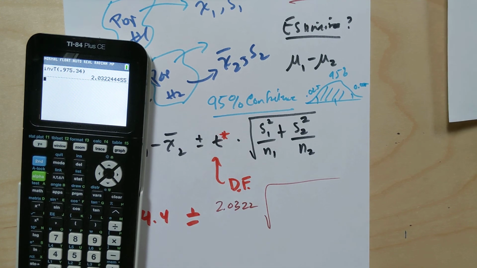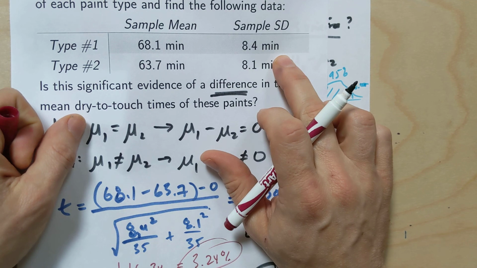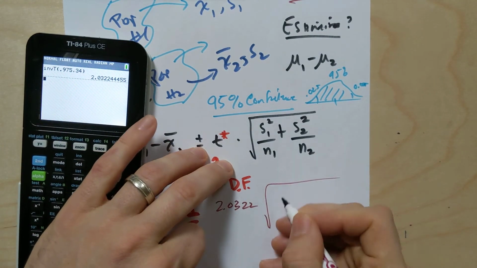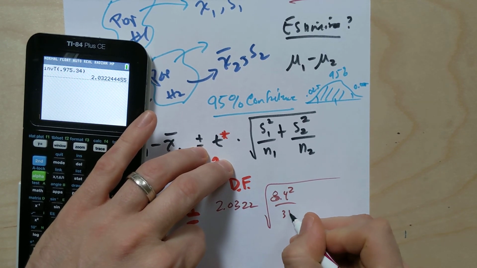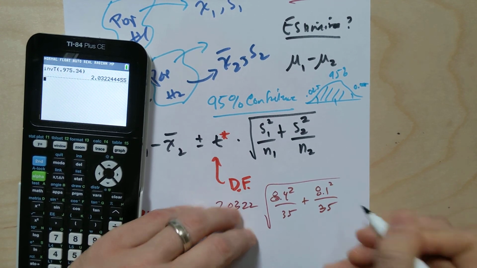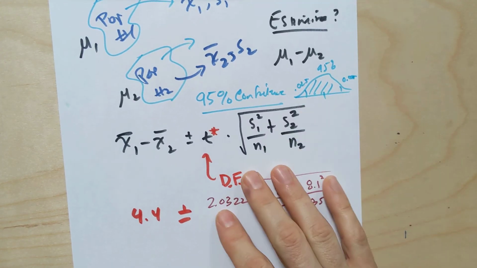So I'll write those real quick. In this scenario, the first sample had a standard deviation of 8.4, the second sample had a standard deviation of 8.1. So if I was to fill this in, it would be 8.4 squared over 35 plus 8.1 squared over 35. And that won't change. So that's what my critical t would be if I use the conservative approach.